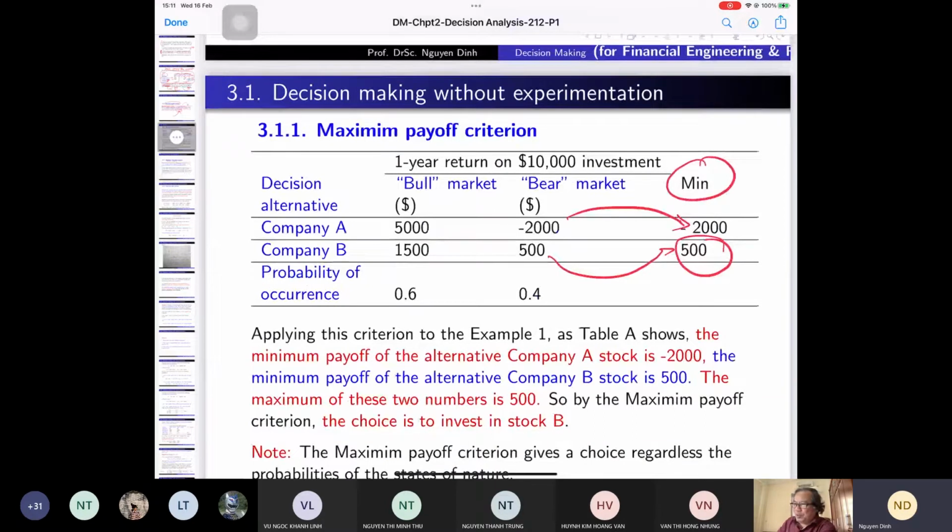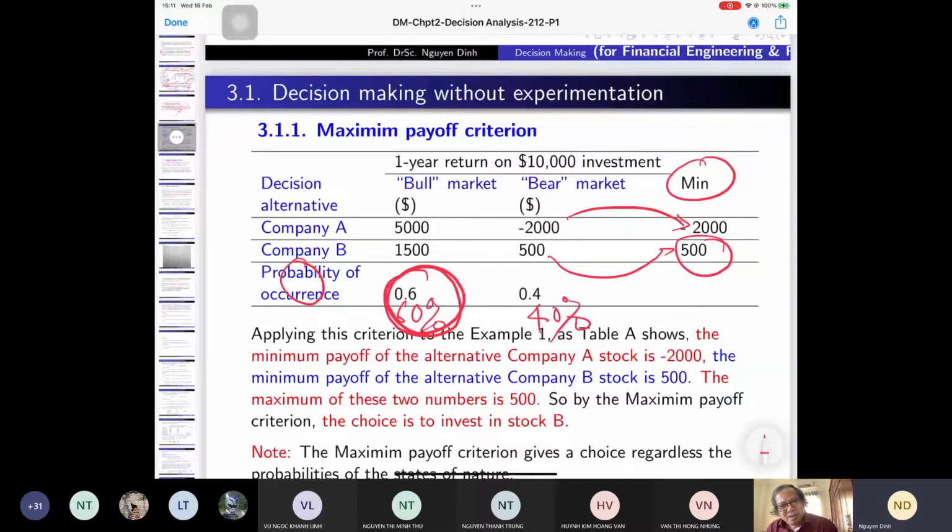The maximum likelihood. First of all, you look at the probability. Maximum likelihood means maximum likely to happen. Is that okay? So 60%, this means 60%, and here is 40%. So the maximum likelihood is here.